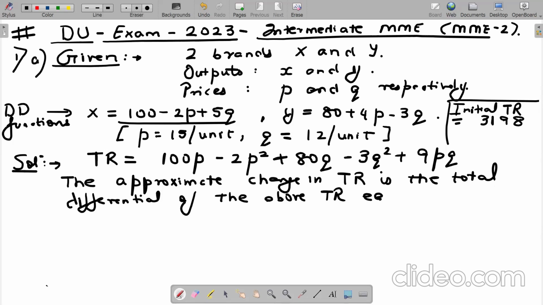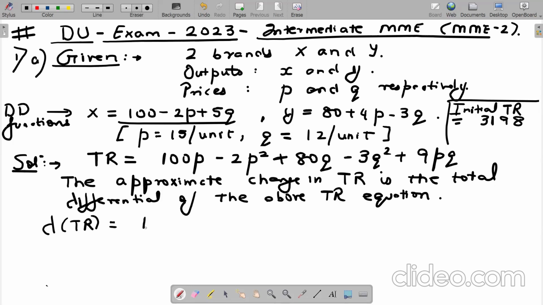When I take the total differentials and plug in the values, that's going to give me the approximate change. So dTR, remember I've looked at the concept of differentials in my lectures on comparative statics. Students can check out my lectures on comparative statics, implicit differentiation and differentials for the conceptual portion to this particular problem.